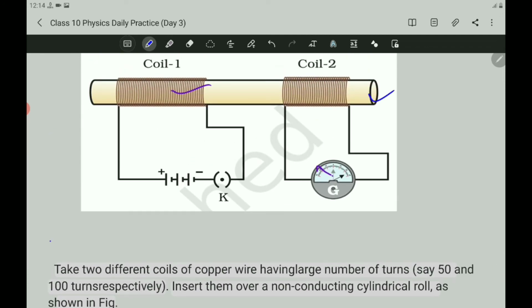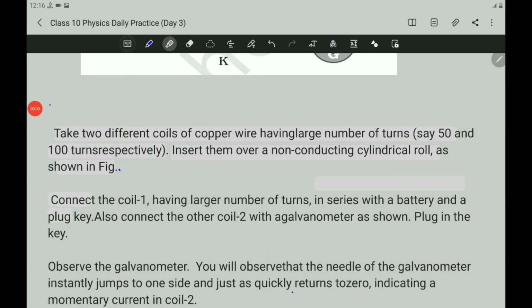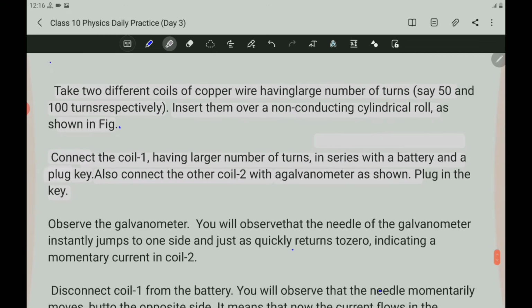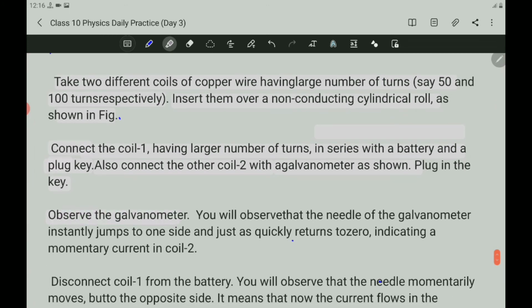Connect the coil 1 having large number of turns in series with a battery and a plug key. Also connect the coil 2 with a galvanometer as shown in the figure. Plug in the key. Observe the galvanometer. You will observe that the needle of the galvanometer instantly jumps to one side and just as quickly returns to 0, indicating a momentary current in coil 2.